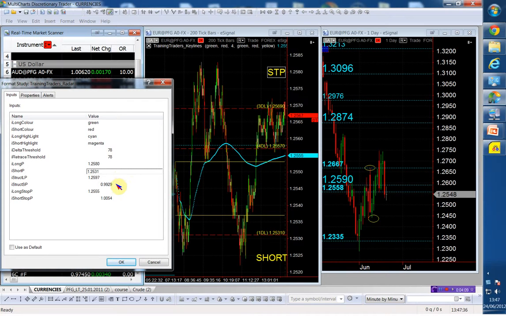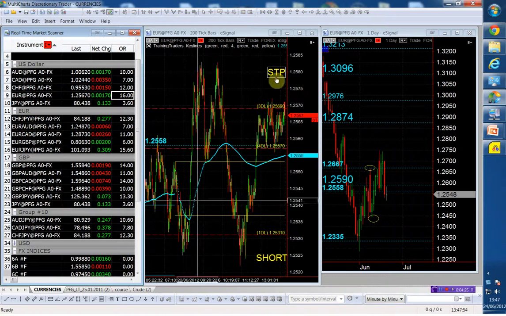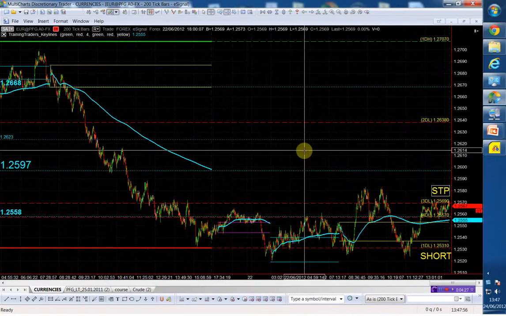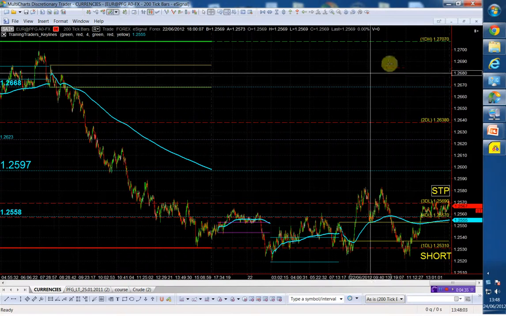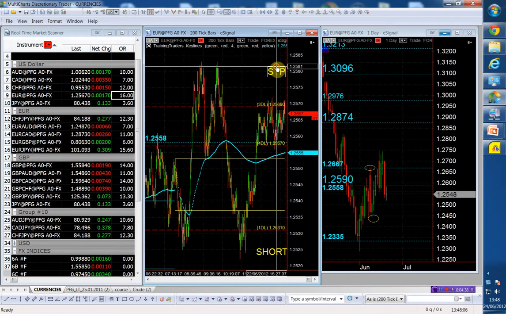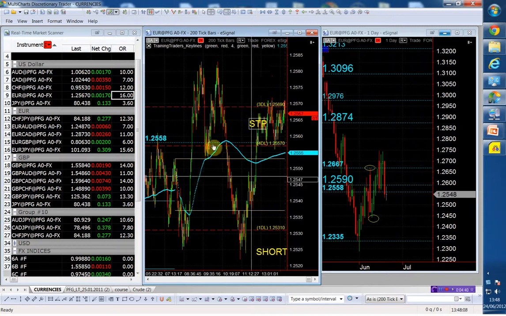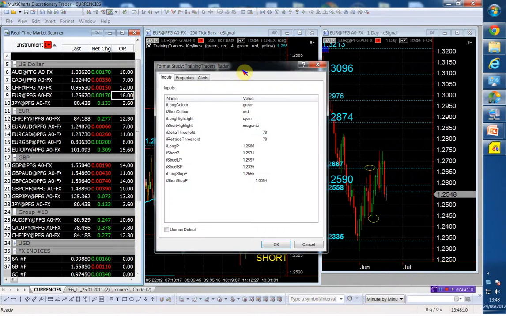And if I do, I have a structure short point at 123.35. And if I do go short over here, I have to use the 125.58 as my structure for my stop. My stop is going to be here. So my stop is going to be the 125.58.